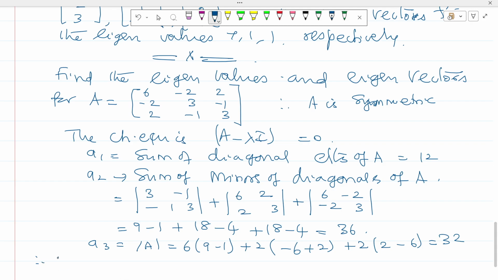So therefore the characteristic equation is lambda cube minus 12 lambda square plus 36 lambda minus 32 equal to 0.